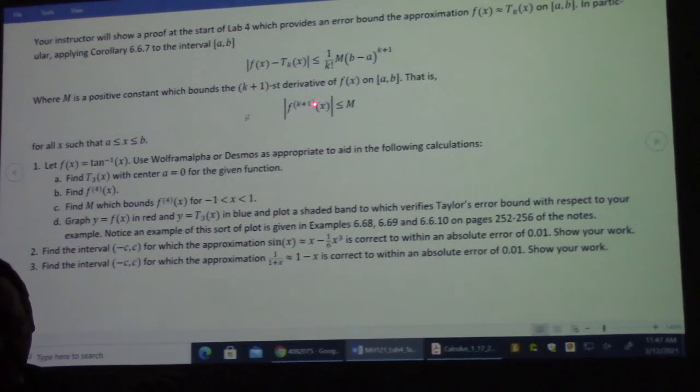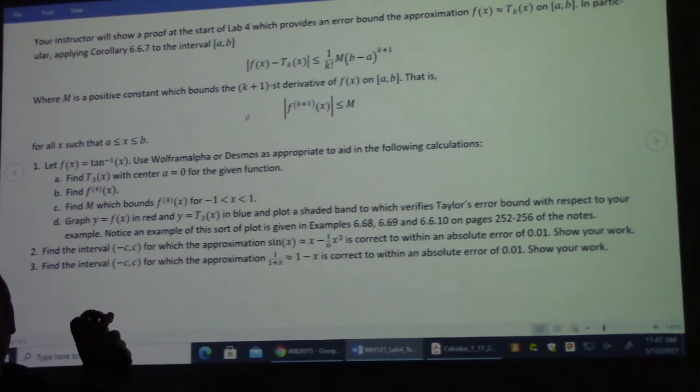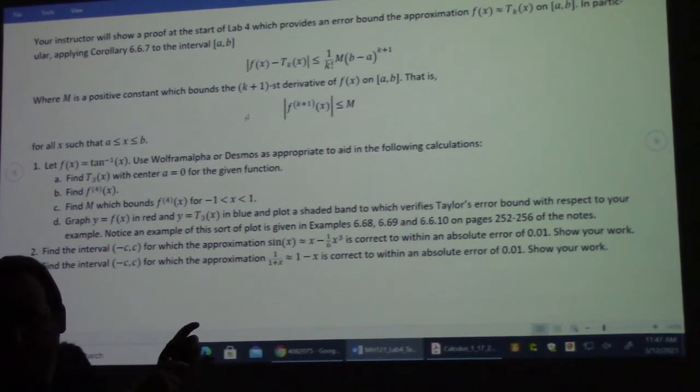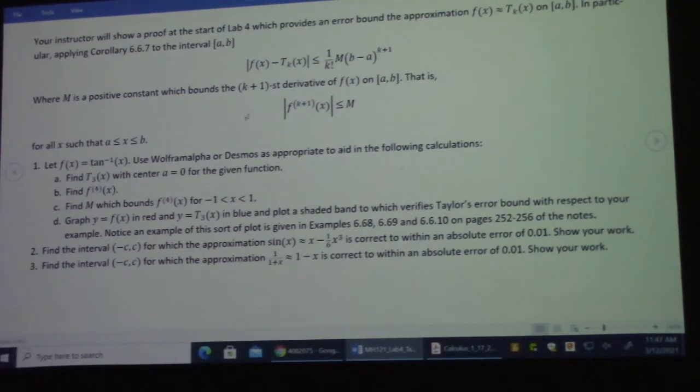The theorem that we're working with says that that error is bounded by this number M times 1 over k factorial times b minus a to the k plus 1. Here, a to b is the interval on which we're trying to approximate the function. And the theorem simply says that if you can find a bound M on the k plus 1th derivative, then that serves to bound this error according to this rule right here.